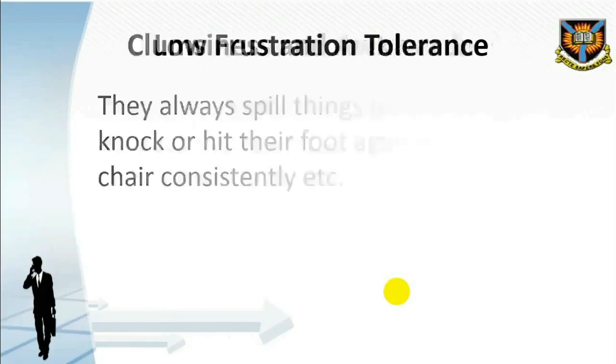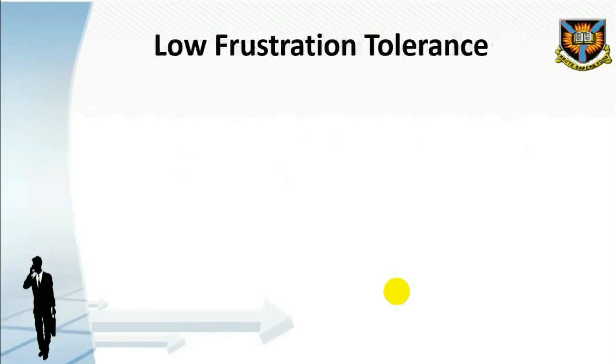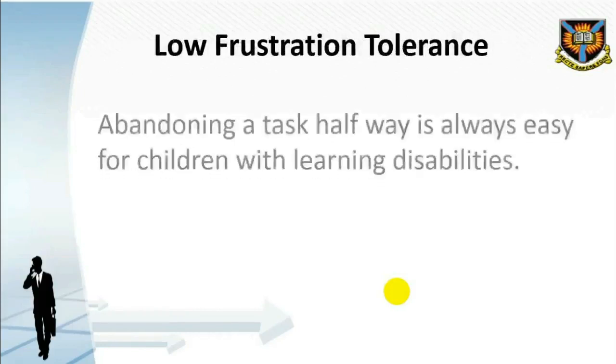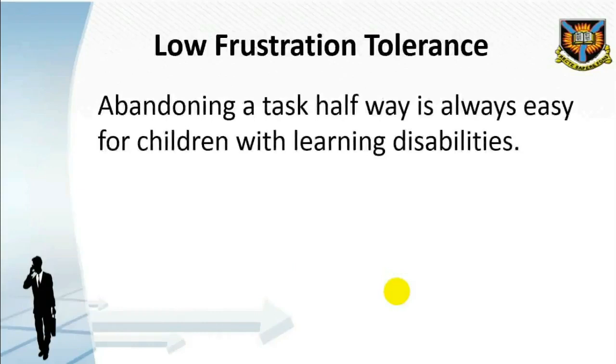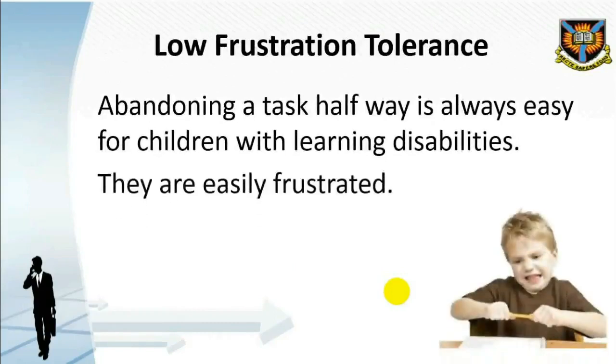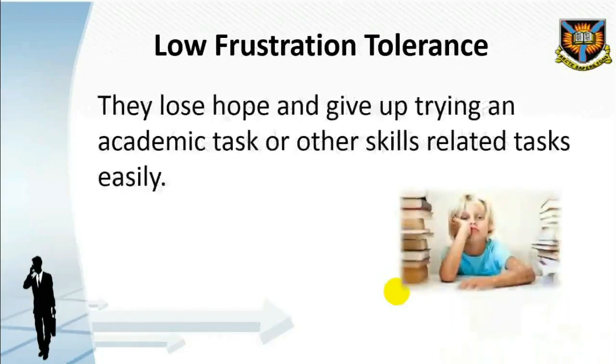6. Low frustration tolerance. Abandoning a task halfway is always easy for children with learning disabilities. They are easily frustrated. They lose hope and give up trying an academic task or other skills-related task easily.